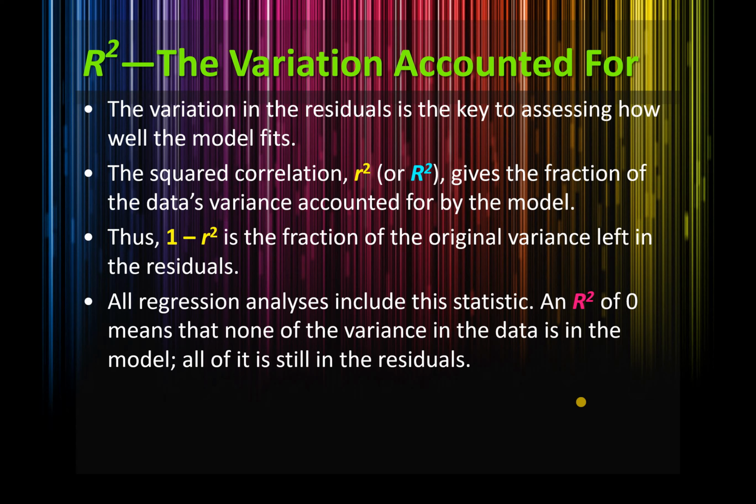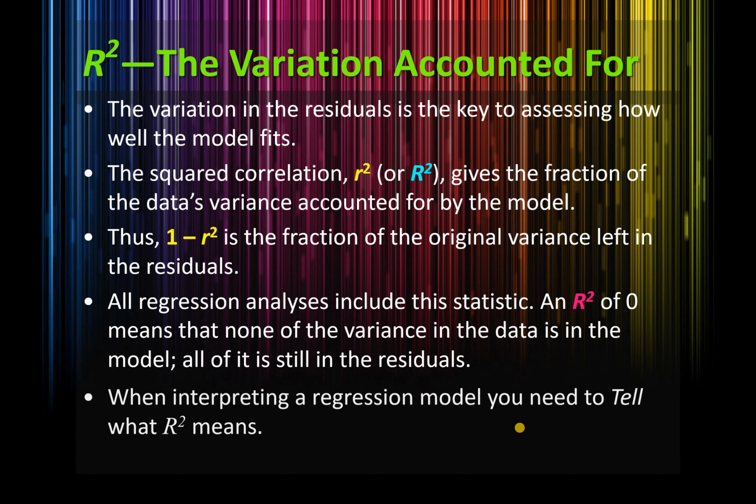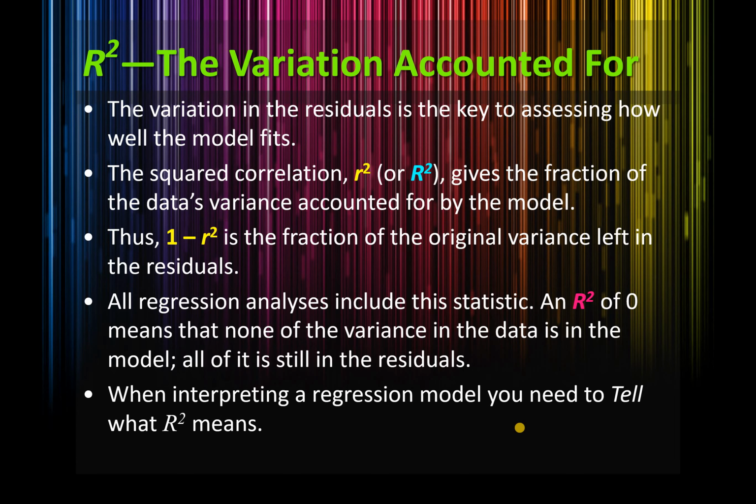Your model itself is not capturing any change. All of the change is left in the residuals. And so you must always interpret that. And I don't mean respond with what the R² value is. You must turn around and say, okay, based on my model, 75% of the increase in calories is due to the increase in protein. You have to be able to put that back into context.